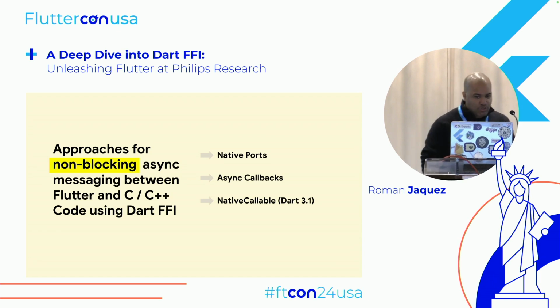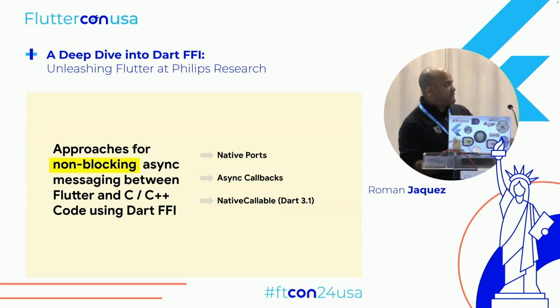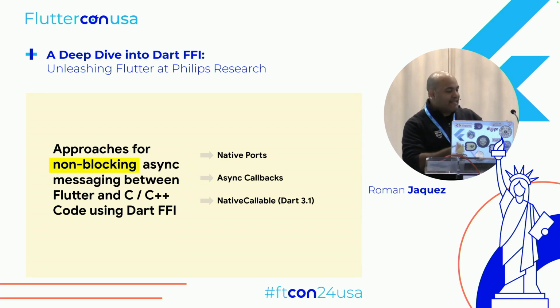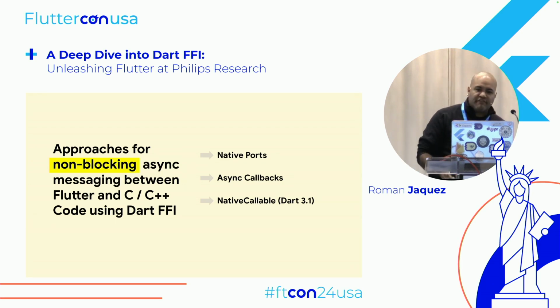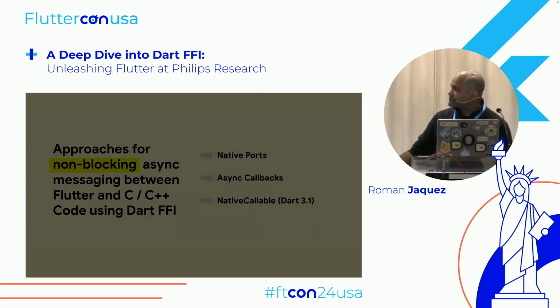And this is something that you should be paying attention to if you truly want to leverage Dart FFI while tackling non-blocking asynchronous messaging between Flutter and your native code, let's say C, C++, and whatnot.